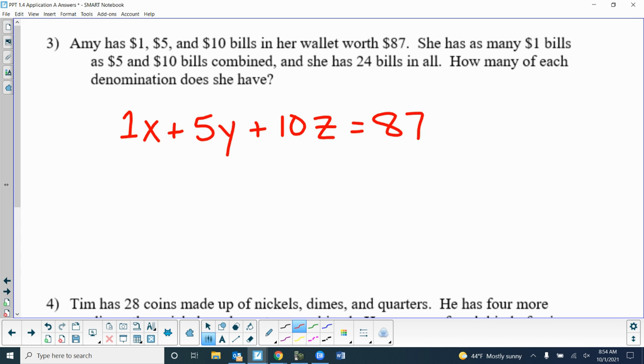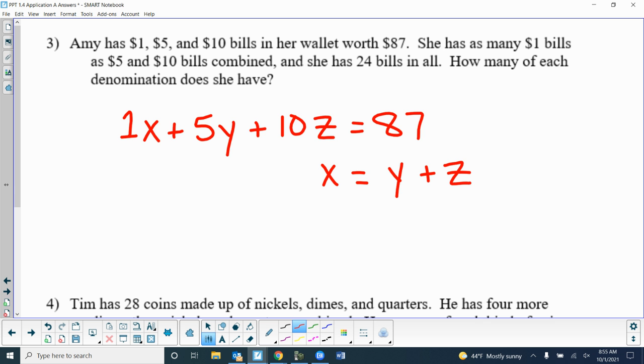Now she has as many $1 bills as 5 and 10s combined. So the number of 1s equals the number of 5s and 10s combined, added, right? That's what that means? That makes sense in that sentence?